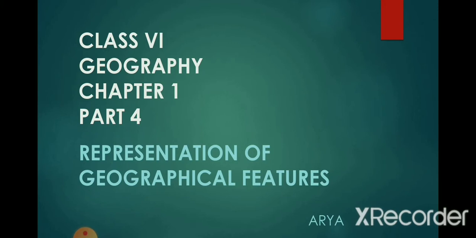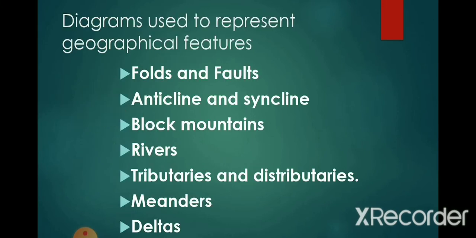We studied so many things related to that, and now I'll explain what things remain to be studied in this chapter. The remaining portions are faults and folds, anticline and syncline, block mountains, rivers, tributaries and distributaries, meanders and delta.